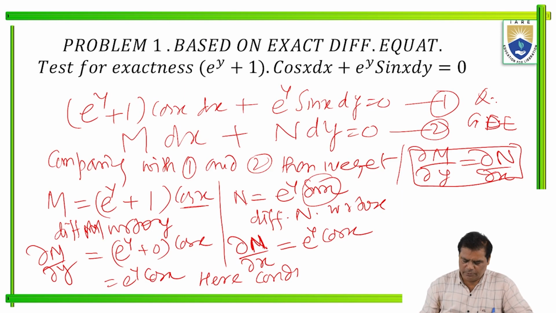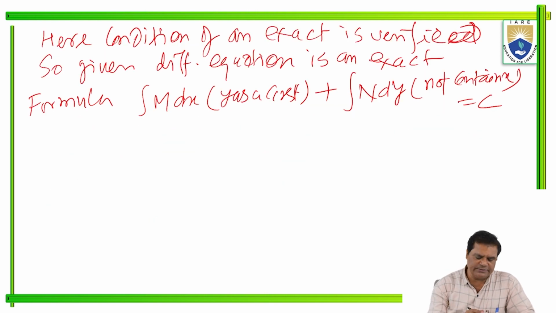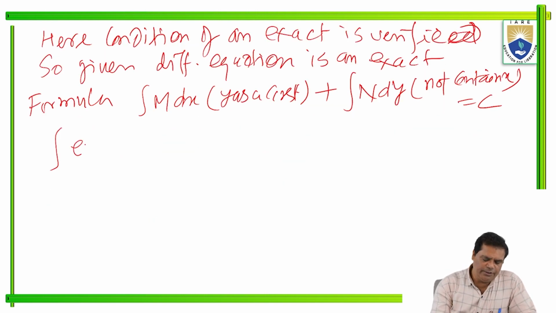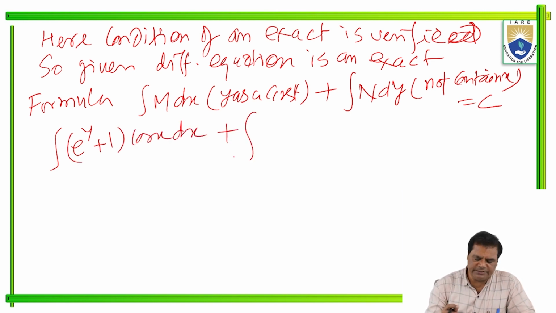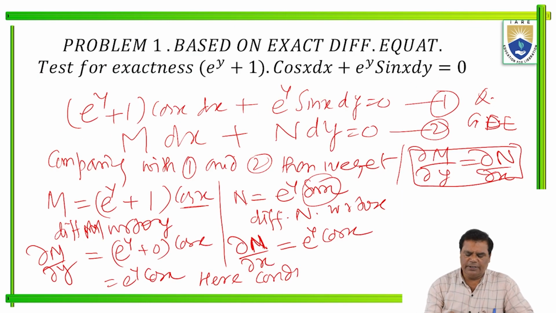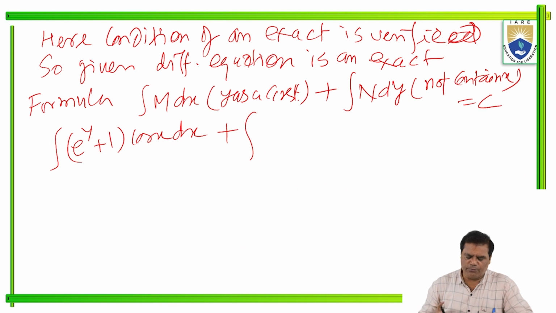So in M, the total term we take is e to the power y plus 1 times cos x: integration of e to the power y plus 1 cos x dx, plus integration of N, which has no term without x, so we take 0, into dy, equal to c.